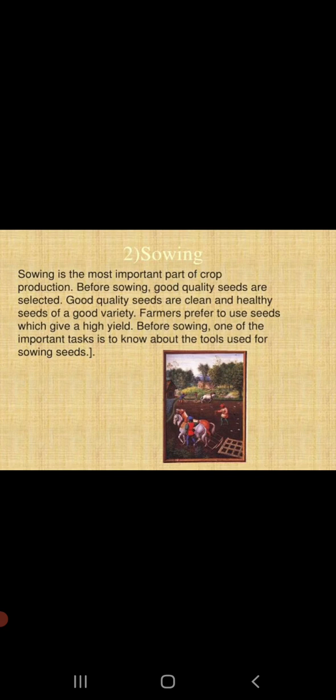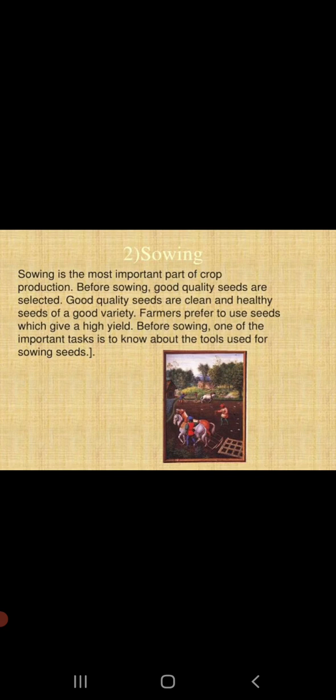Now once the soil is prepared, seeds are sown in it. The process of putting the seeds in the soil is called as sowing. Most of our crops like wheat, maize, bajra, jowar, they are grown by sowing seeds.